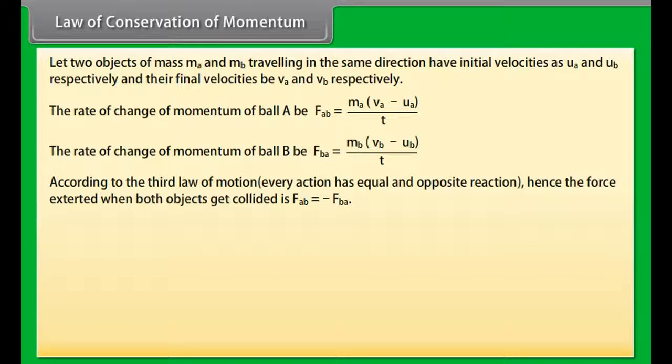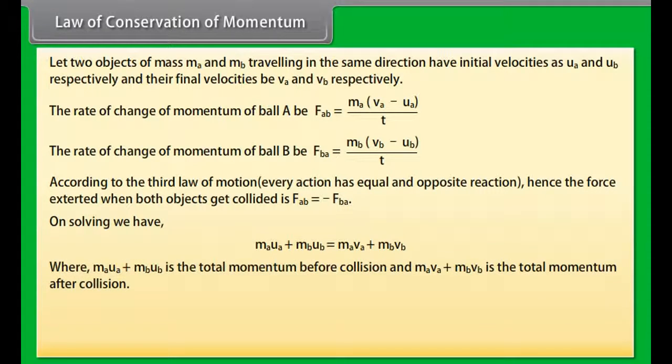Let two objects of mass ma and mb traveling in the same direction have initial velocities ua and ub respectively, and their final velocities be va and vb respectively. The rate of change of momentum of ball A, FAB, is equal to ma into (va minus ua) upon t.